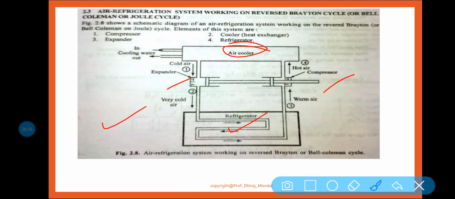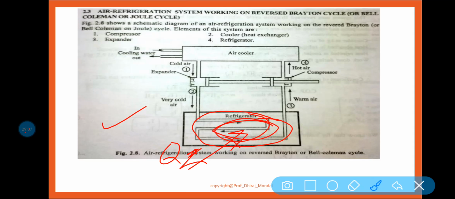Now what happened, whenever low temperature air is there, the refrigerant is basically taking some latent heat from the system. Let us consider Q2 amount of heat leakage is there. So Q2 amount of heat is taken by the help of this refrigerant.